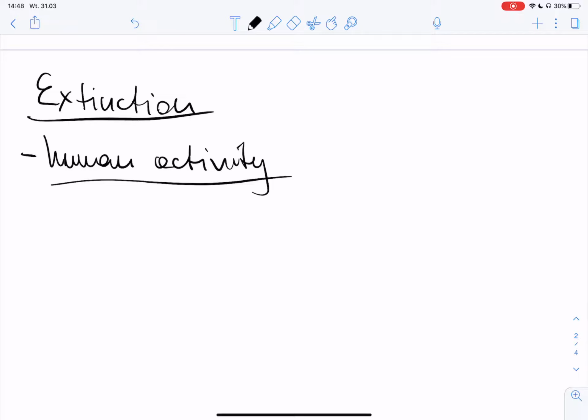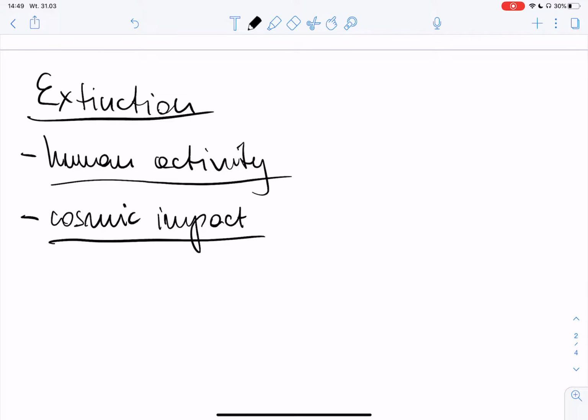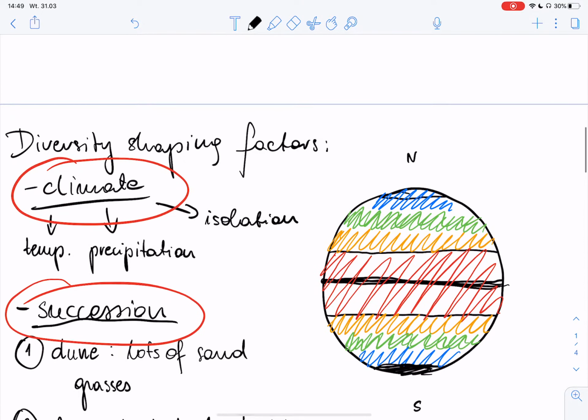But also, there are other possibilities that can occur, for instance, a cosmic impact. And by this, I mean the event that took place around 66 million years ago, where all the big reptiles just went extinct, probably due to the fact that this impact, this asteroid that hit the Earth's surface, made a huge change in climate.